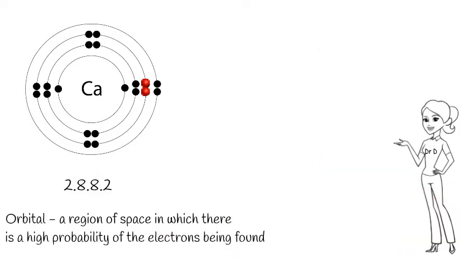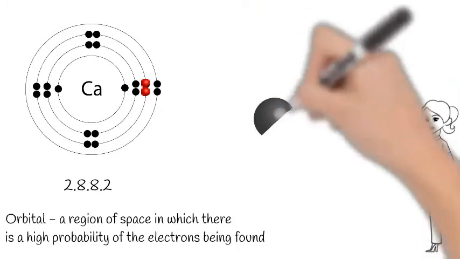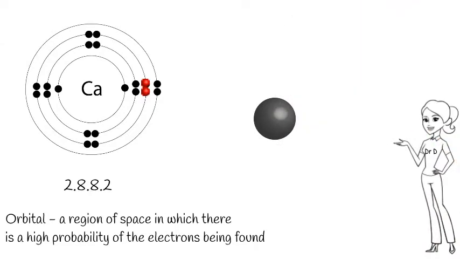And an orbital in chemistry is a region of space in which the electrons are probably going to be found. Normally we give the area as a 95% probability of finding the electrons. Each of these orbitals will take a maximum of 2 electrons. Now if we look at the diagram on the left, the first shell, or energy level as we call it at A level, is in fact broken down into just a 1s sublevel, or we can call it a subshell.